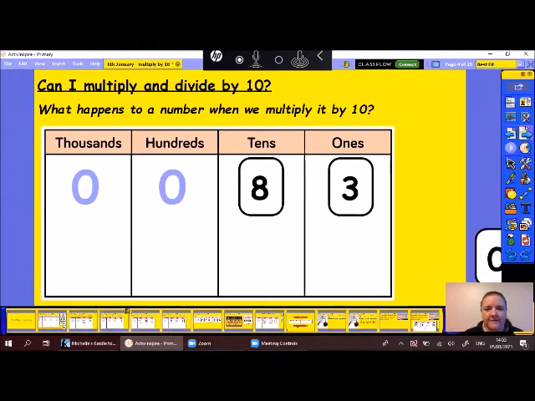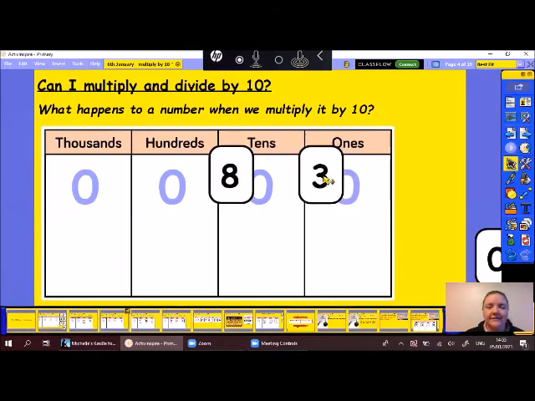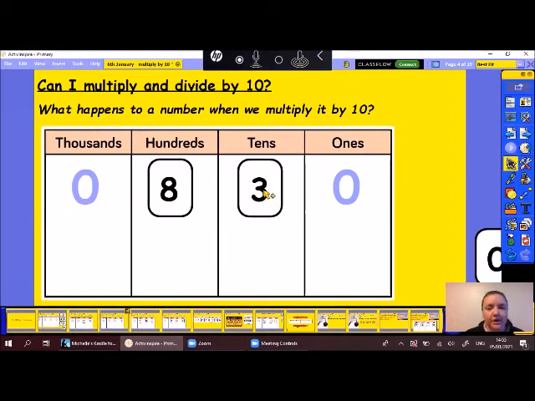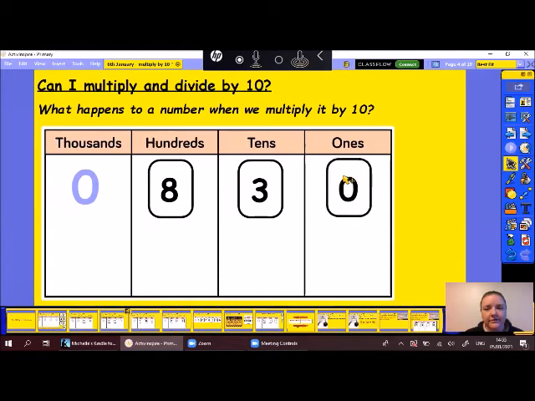Let's have a look at another one, a slightly bigger number this time. We've got 83, 83 times 10. That's not in our usual 10 times table. So let's have a look. We can do it using exactly the same trick as we did just now. We take both numbers, and all we have to do is skip them across to the next column and put the 0 in the gap that we've created.